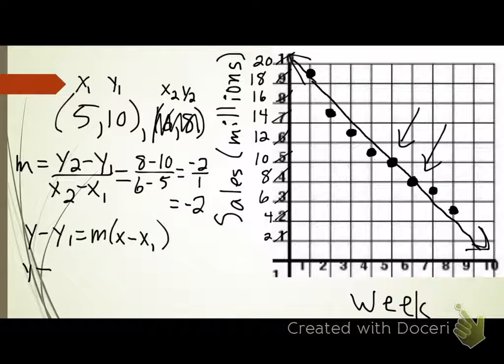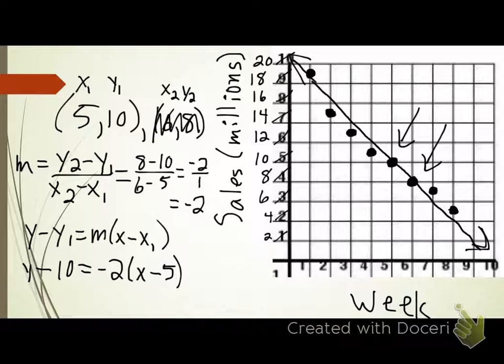And 5, 10, what's the y value? 10. Equals, what's my slope? -2 times x minus, what's my x value? 5. We okay so far? Everyone understanding how we're using these steps to get our line of fit?